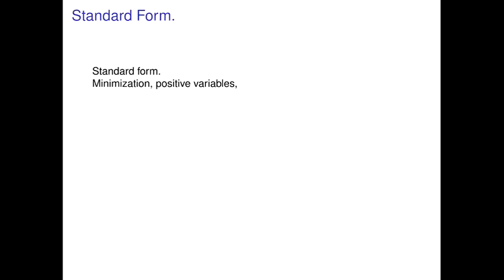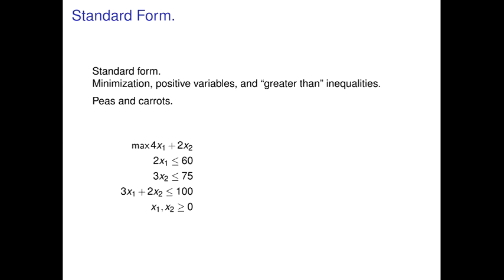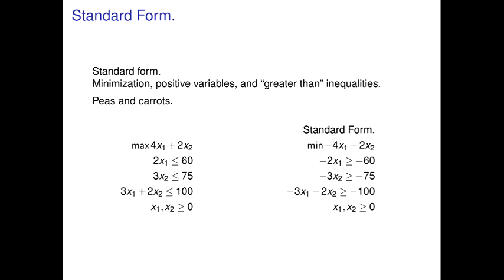So when we do the algorithms, this is sort of the form we had for peas and carrots. This is the standard form. All the linear programs we look at in terms of solution will start out in this standard form, and we're not losing anything.